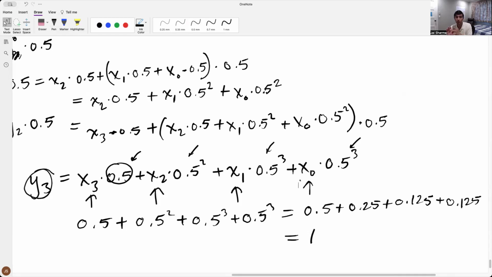So let's say we were doing it for y7. Then it would be doing a weighted average between x7, x6, x5, x4, x3, x2, x1, and x0, right? But the weightage given to x0 by the time we reach y7 would be so small that it literally wouldn't be taken into account. And then x1 as well would be very, very small.